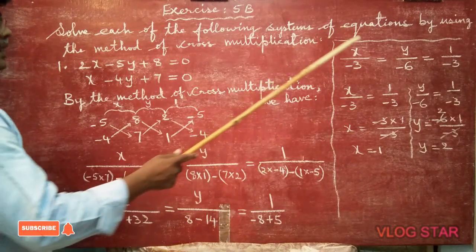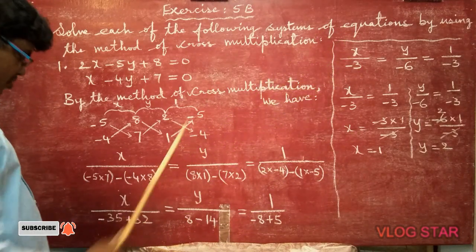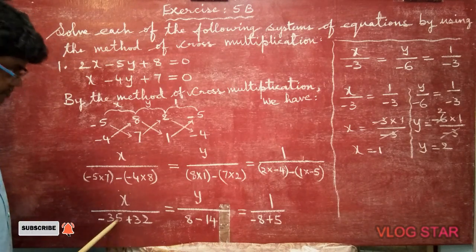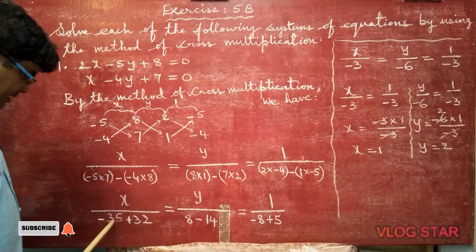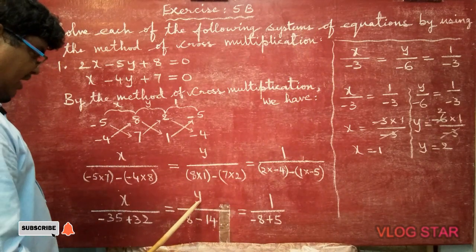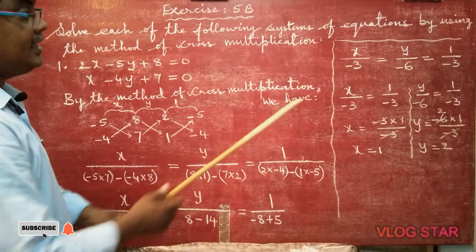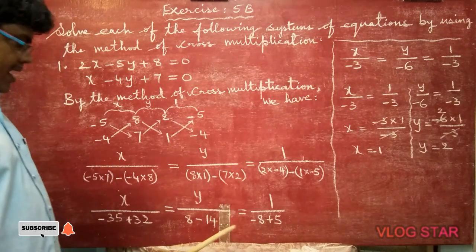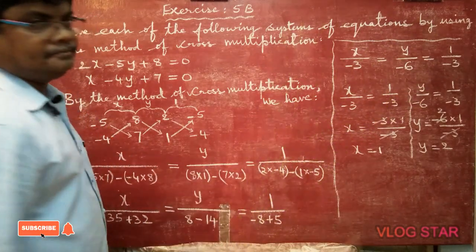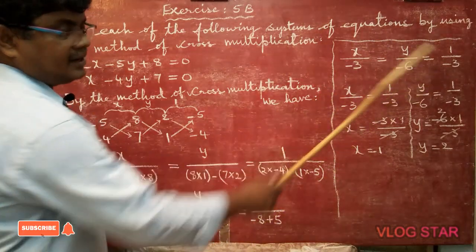Now we are writing x by minus 3. How minus 3? Minus 35 plus 32: minus is more, so minus will come. 35 minus 32 is 3. So minus 3. That is equal to y by 8 minus 14 is minus 6. And 1 by minus 8 plus 5 is minus 3. So up to here clear?